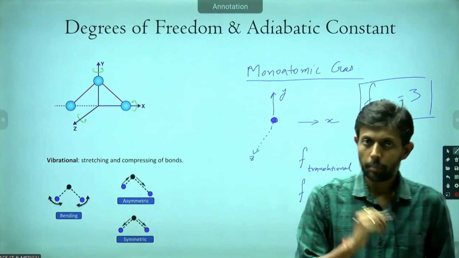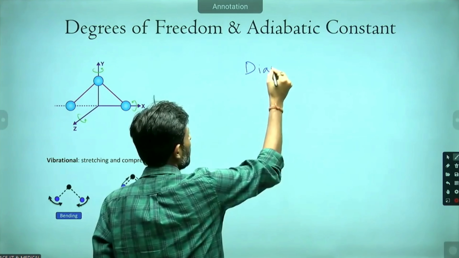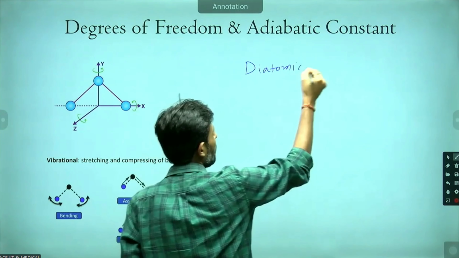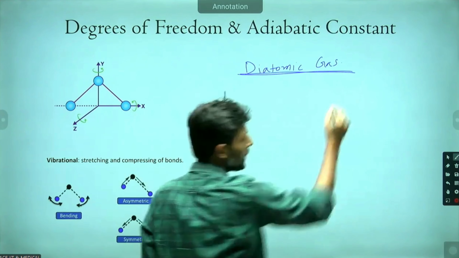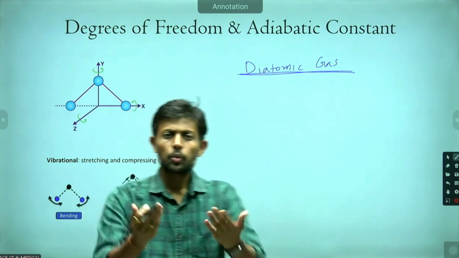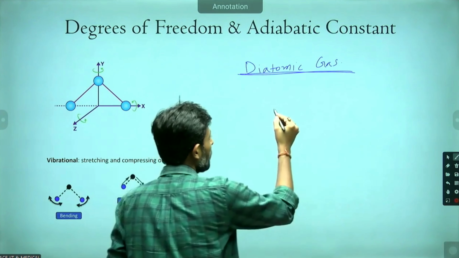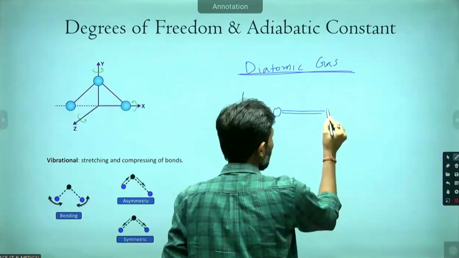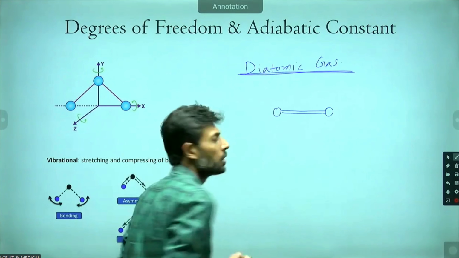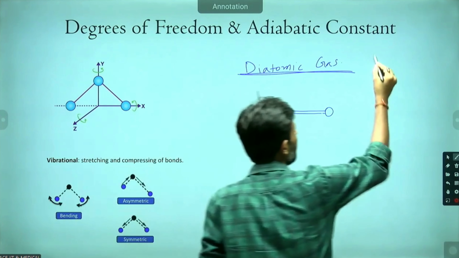Let's look at a diatomic gas now. Let's take oxygen, for example, and we are going to count how many degrees of freedom this gas will have. So we have one oxygen atom, double bond, another oxygen atom. This is the oxygen molecule, O2.